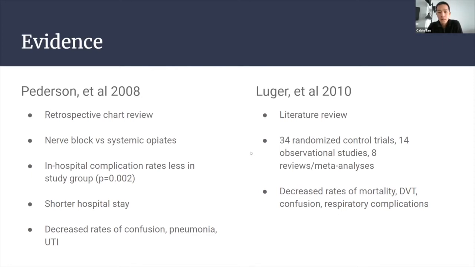In 2010, there was a literature review that looked at multiple different types of studies, so 34 randomized controlled trials, a bunch of observational studies, and a few reviews and meta-analyses, which basically showed the same thing: decreased rates of mortality, decreased rates of confusion, and fewer respiratory complications in patients who underwent a fascia iliaca nerve block, either preoperative or postoperative, compared to parenteral or oral opiate pain medication.